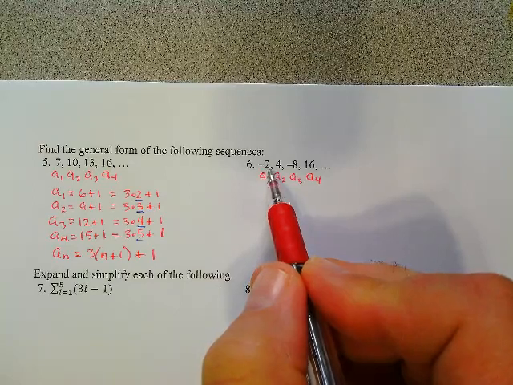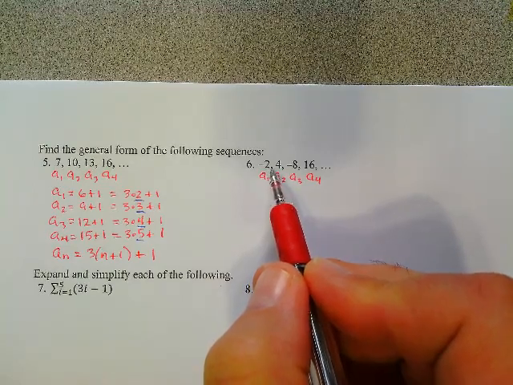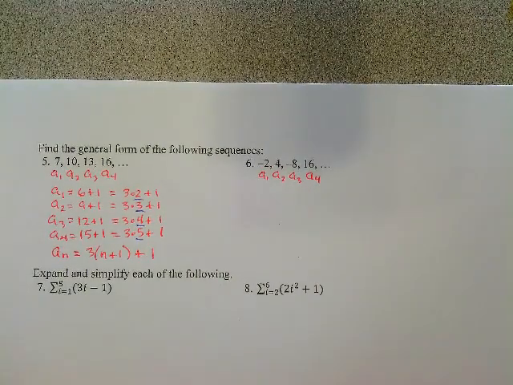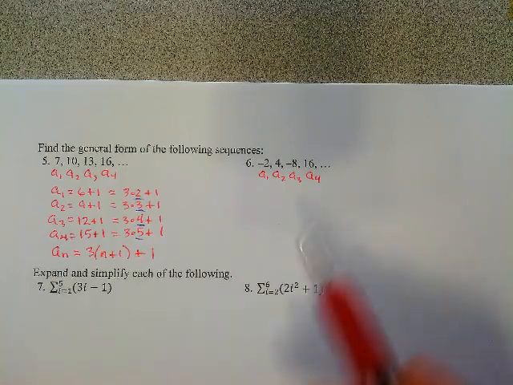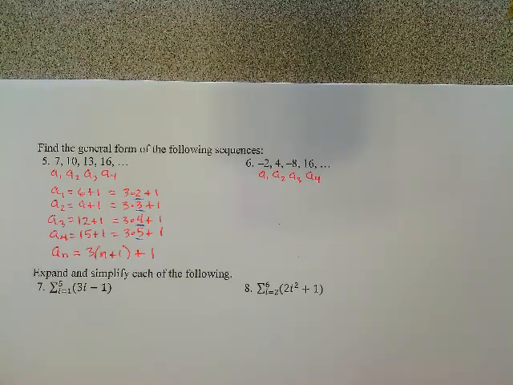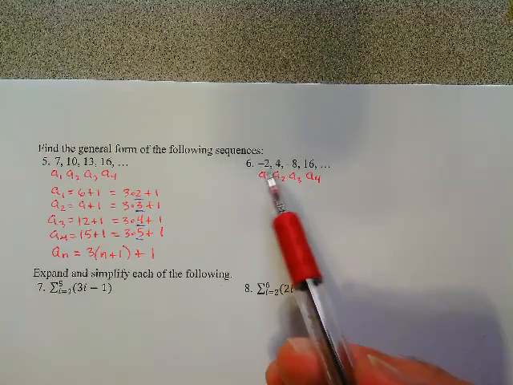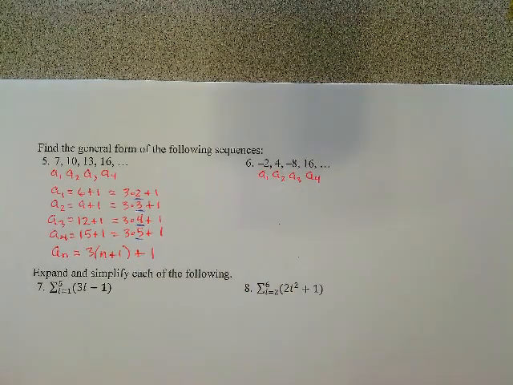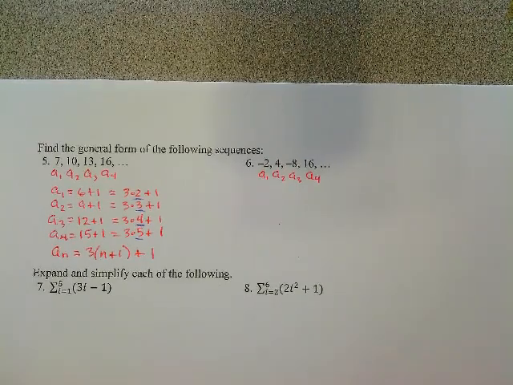Also, I notice that they're alternating in their signs. Now, if you've done enough of these, you know that when things alternate in their signs, like that other example that I showed you before, if I have a negative number to an exponent, that usually tells me that when the exponent's odd, I get a negative. When the exponent's even, I get a positive. So that's something that I want to be looking for.